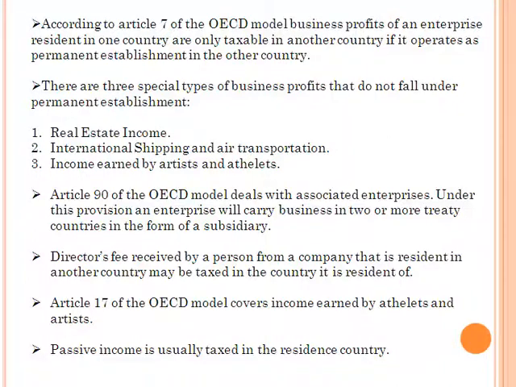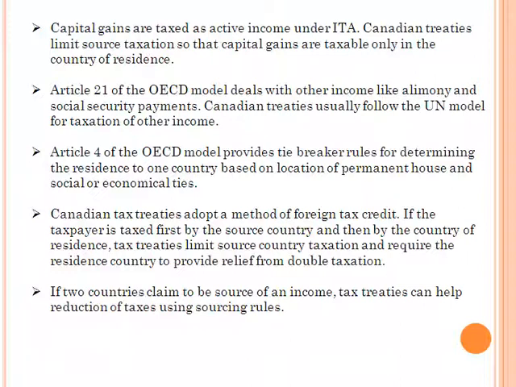Passive income is usually taxed in the residence country. Capital gains are taxed as active income under Income Tax Act. Canadian treaties limit source taxation so that capital gains are taxable only in the country of residence.